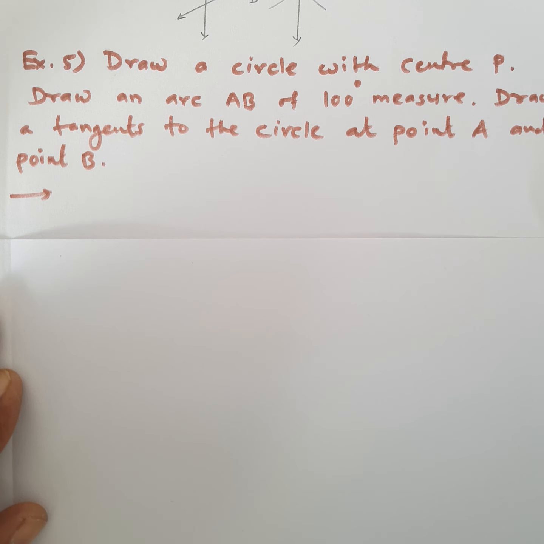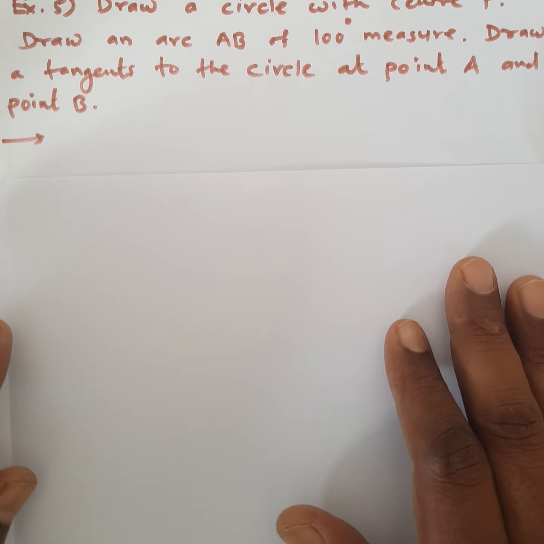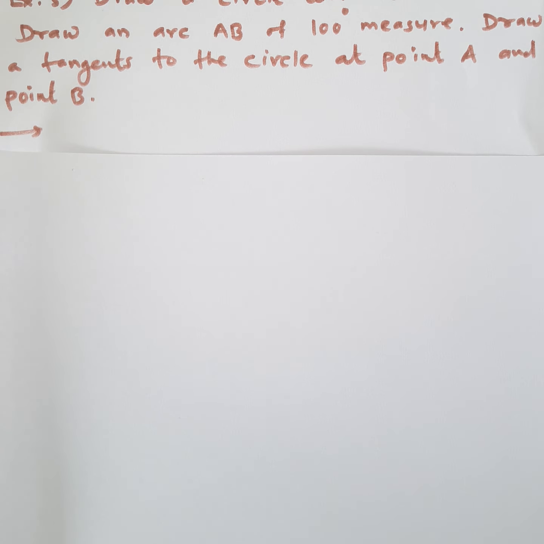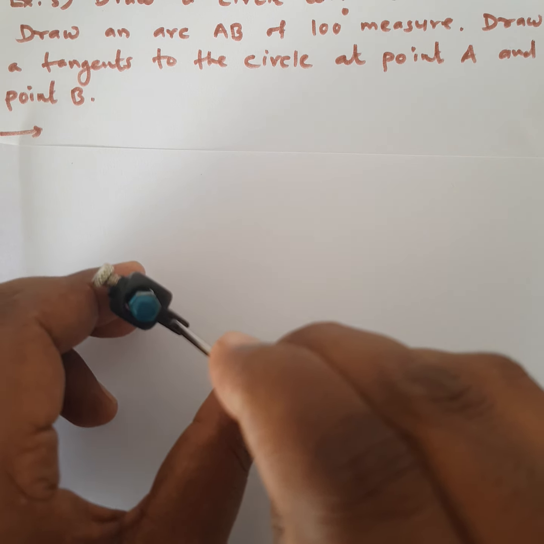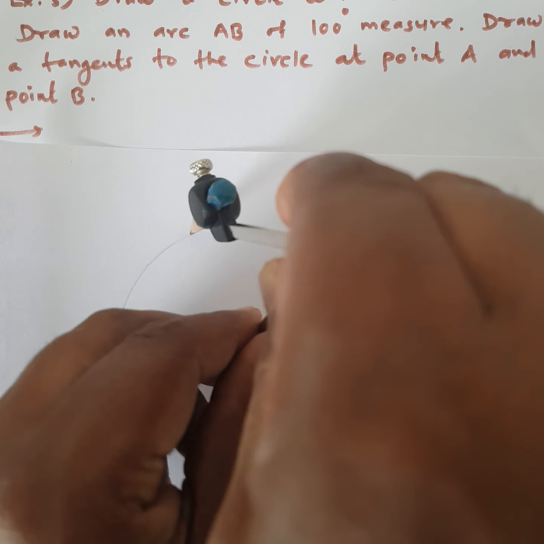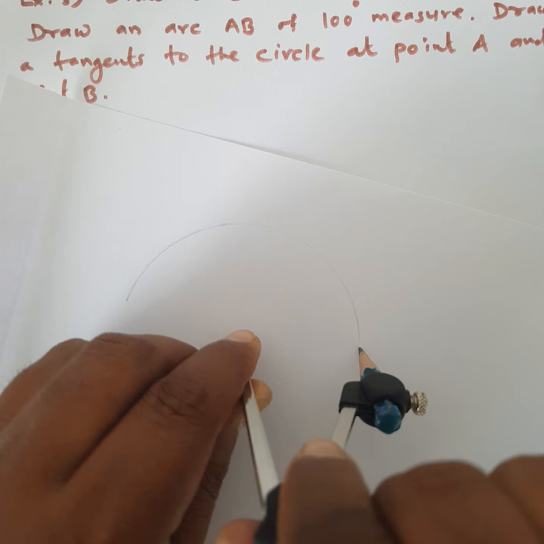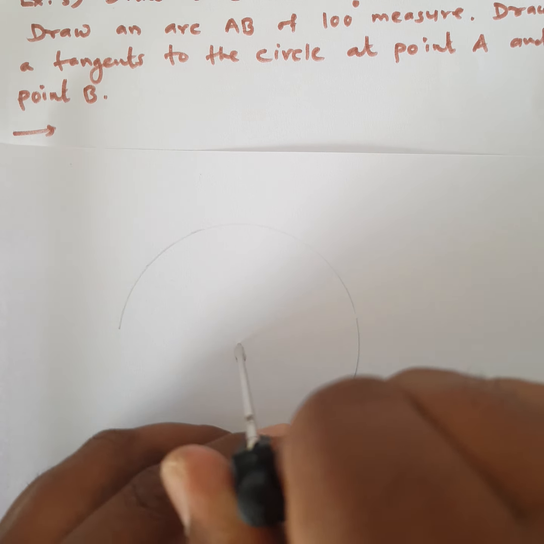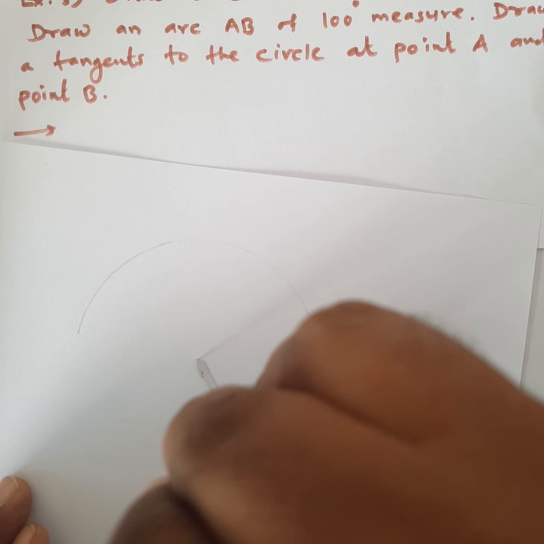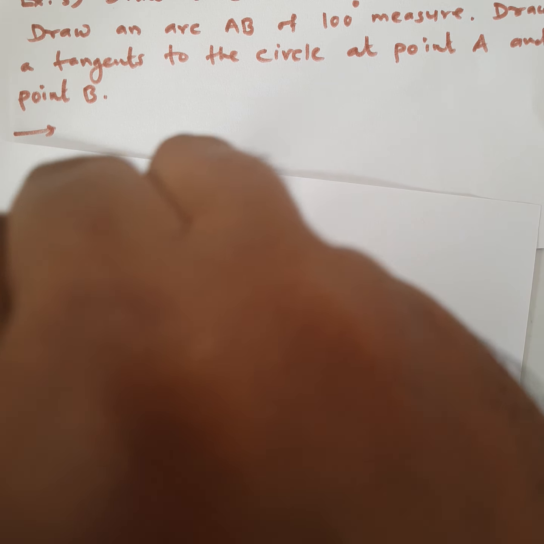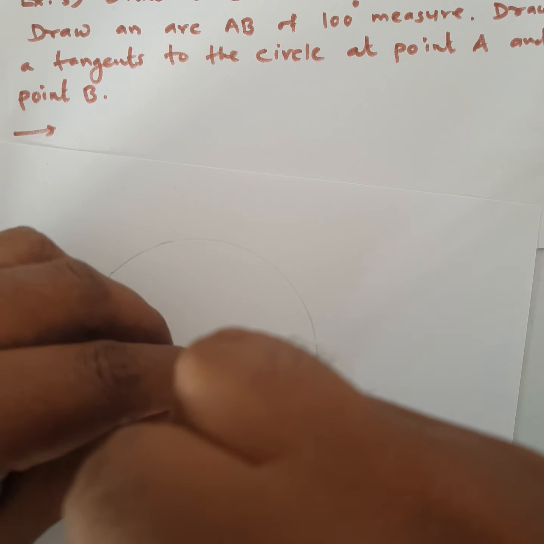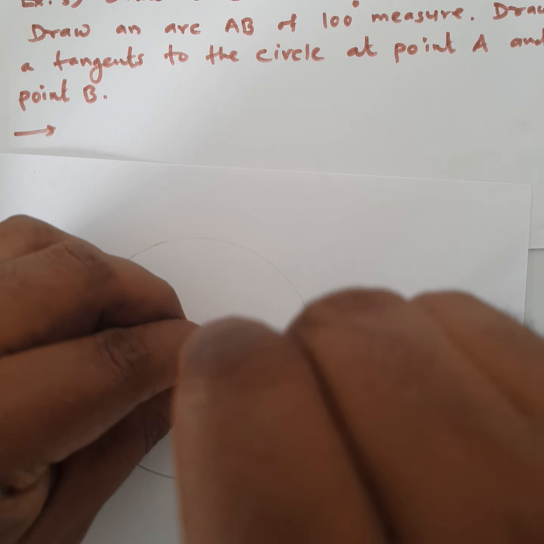Draw a tangent to the circle at points A and B. See here, we have to first draw any circle of any radius. Suppose we take any radius, no measure is given, no radius length is given, therefore it is any circle.